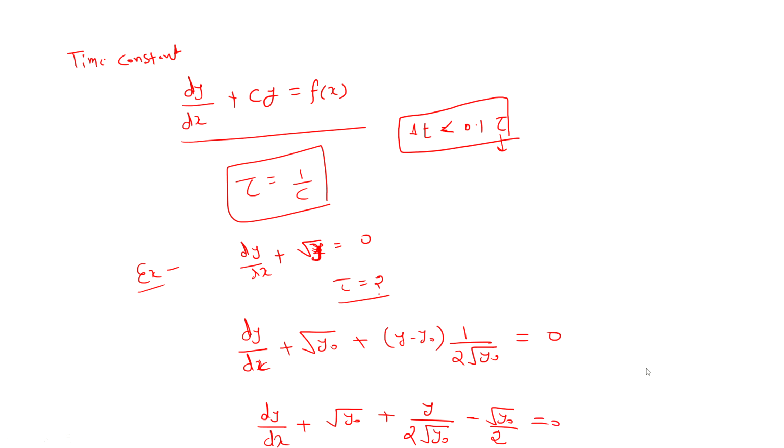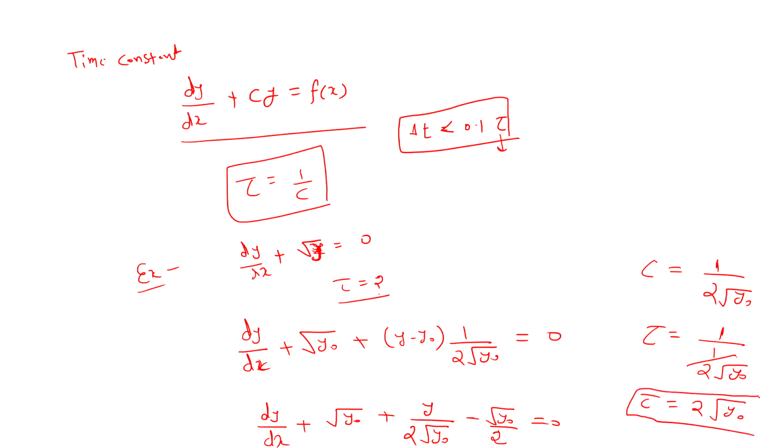Here the coefficient of y, that is c, is 1 upon 2 root of y naught. So my tau will become 1 upon 1 upon 2 root of y naught, and that essentially becomes tau is equal to 2 root of y naught.